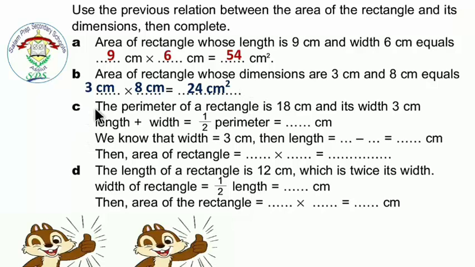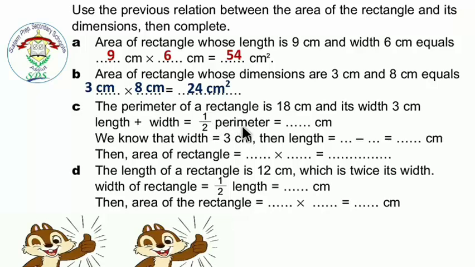The third one: the perimeter of the rectangle is 18 centimeters and its width equals 3 centimeters. Length plus width equals half the perimeter. Please take care, this equation requires that we know the perimeter of the rectangle is 18.